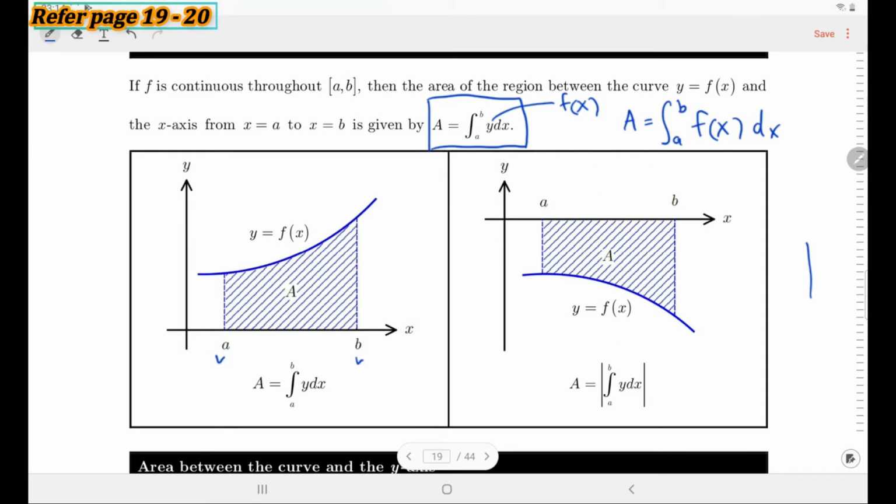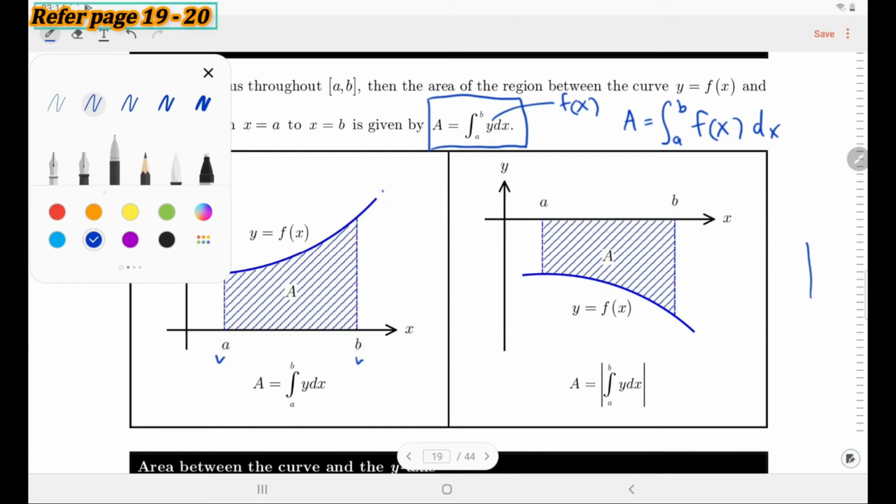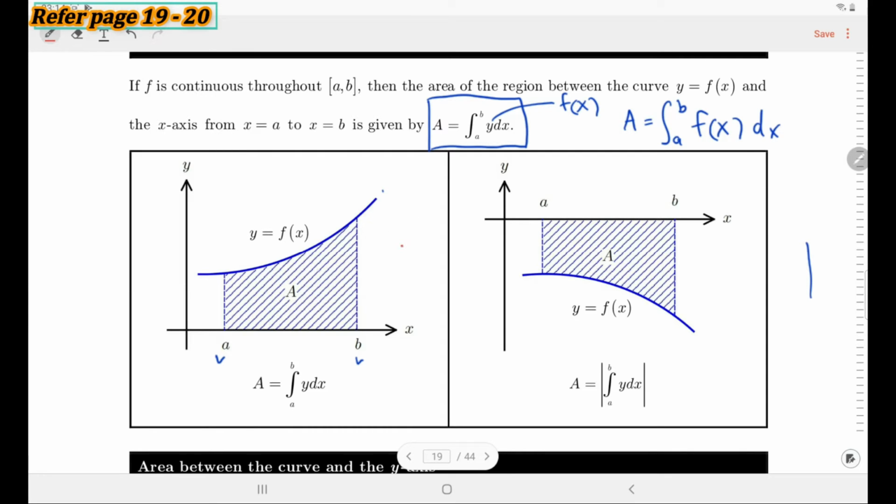If we look at the sketching on the left side, we see the curve is above the x-axis. So the area under this curve, from A to B, we are going to use this formula.